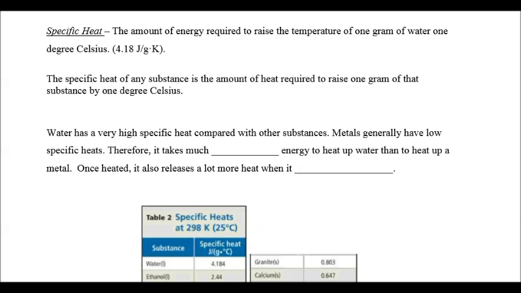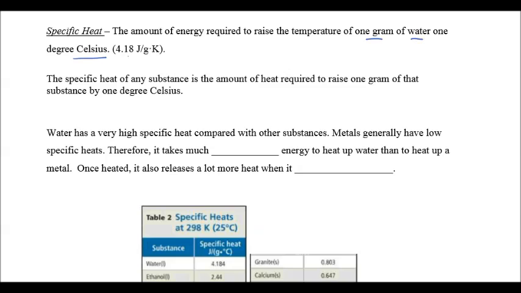So that we are dealing with the same amount of an object, instead of talking about heat capacity, we talk about specific heat. Specific heat is the amount of energy required to raise the temperature of 1 gram, here I say water, but it can be anything, 1 degree Celsius.